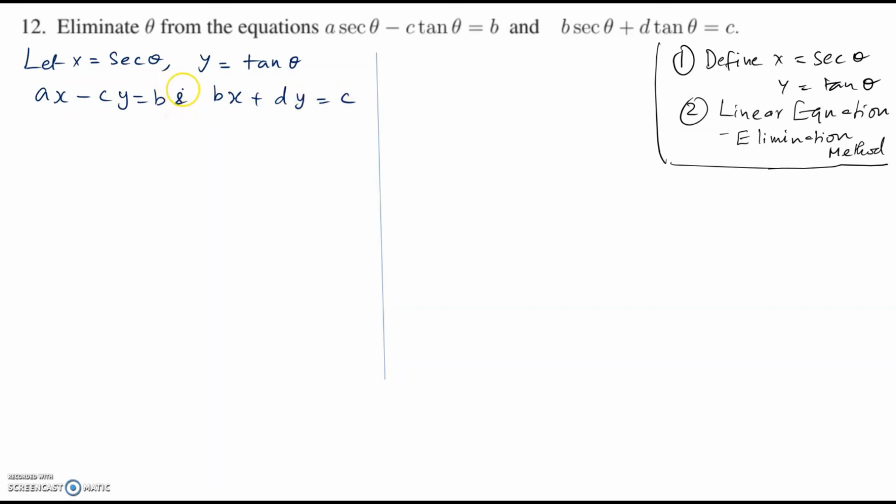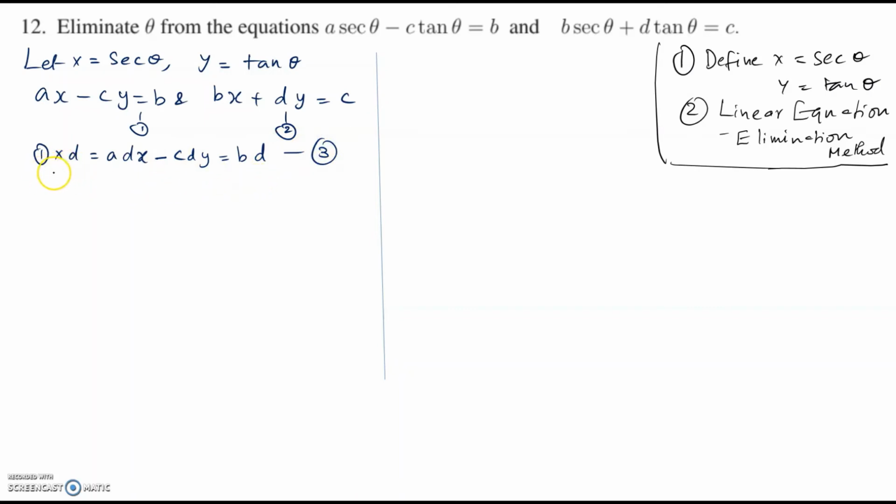So if I'm going to call this equation 1 and this equation 2, then let's multiply equation 1 with d. Then we get adx minus cdy is equal to bd, and let's call this our equation 3.